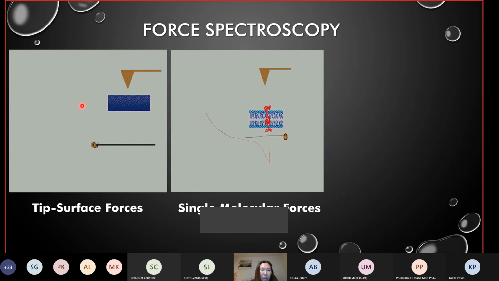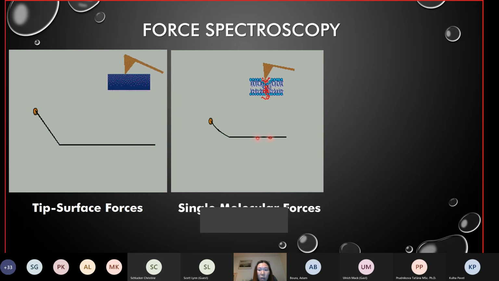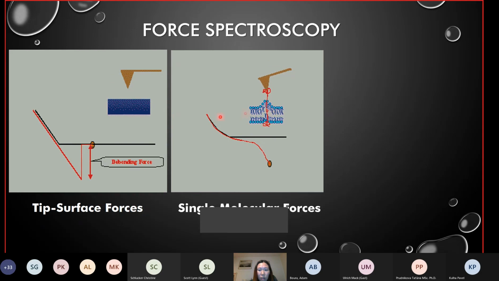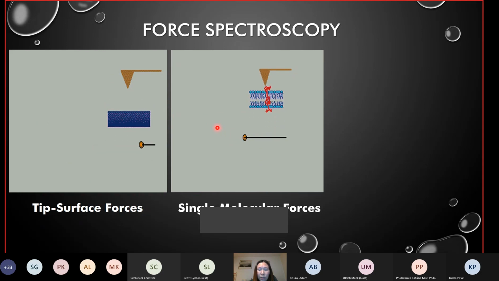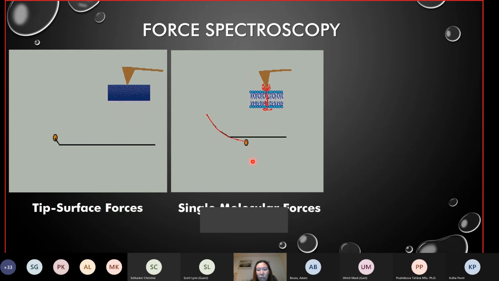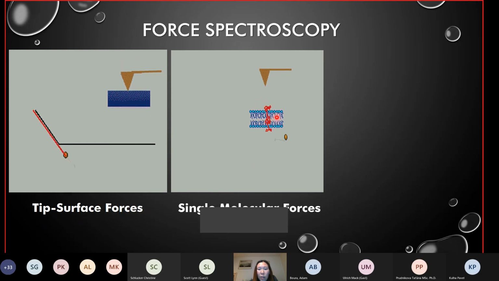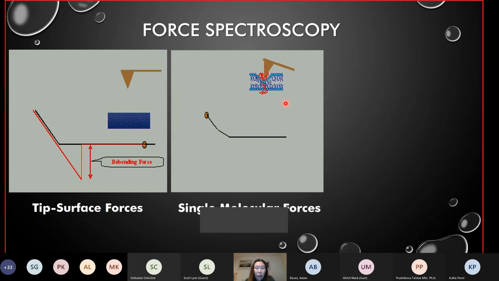We can also apply this spectroscopy technique to biological samples. As you can see, biological samples are a bit softer than harder surfaces, and you see this kind of soft indentation here. And then furthermore, they finally detach, showing the specific interaction between the receptor on the membrane and the ligand we are interested in on the AFM cantilever.